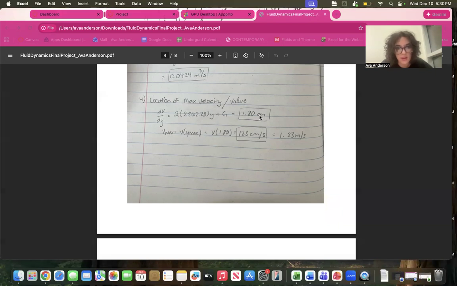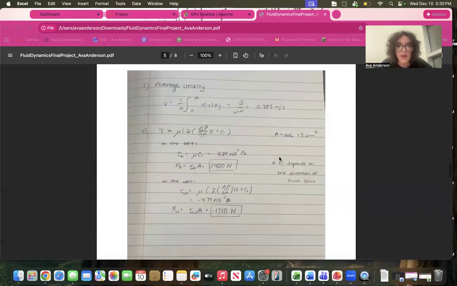And you can plug that value into the velocity profile, that's getting you 123 centimeters per second or 1.23 meters per second. The average velocity that I showed earlier is just integrating 0 to h over the velocity, multiplied by 1 over h, or that is just q over w times h.